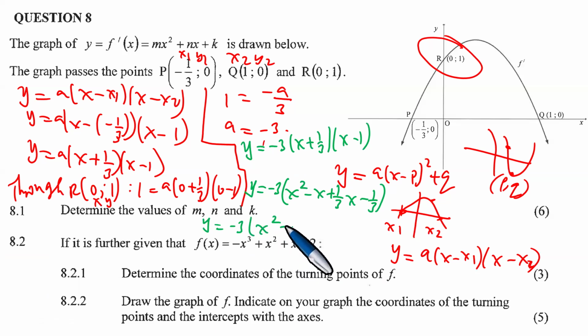That gives x squared minus 2 over 3 x minus 1 over 3, which is minus 2x minus 1.